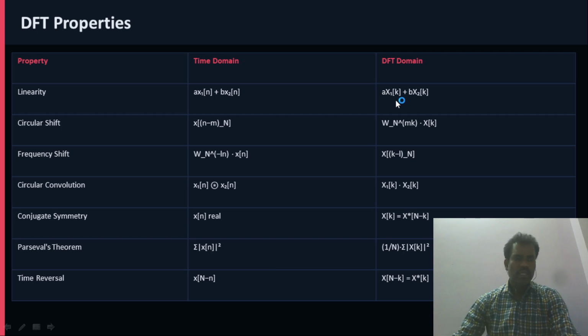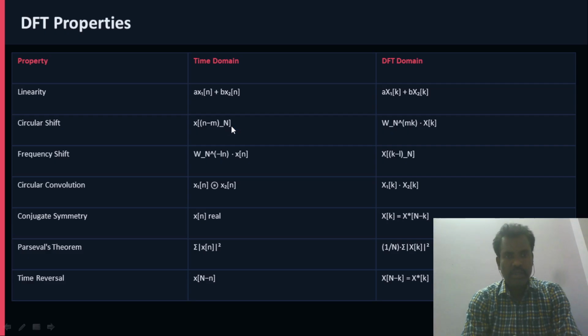Next one is circular shifting. If we shift the signal, it is represented with x of n minus m, but it is a circular shift, so it has the subscript capital N. So the shift is represented with rotation. Rotating to the right side indicates shift right, that means clockwise.